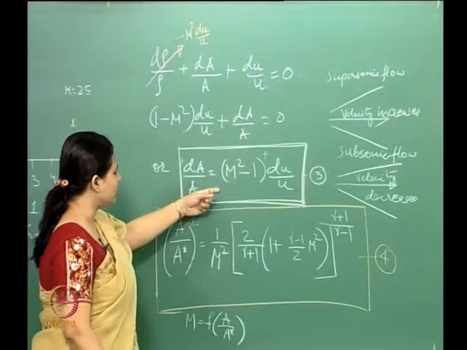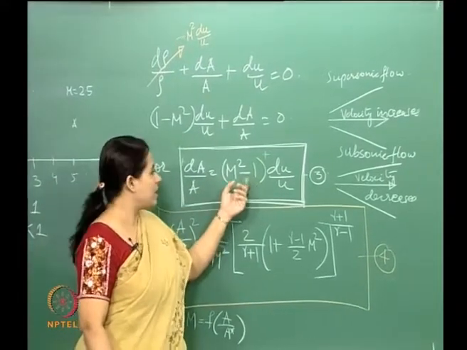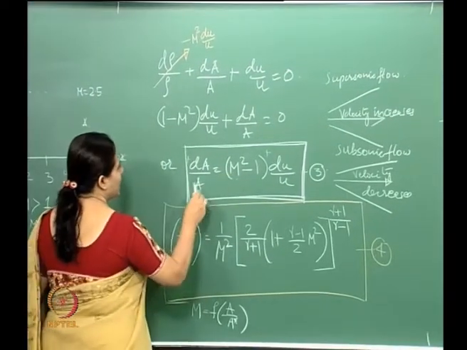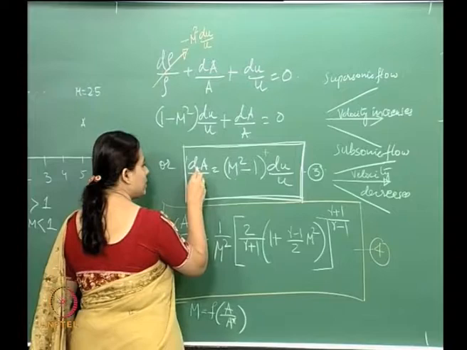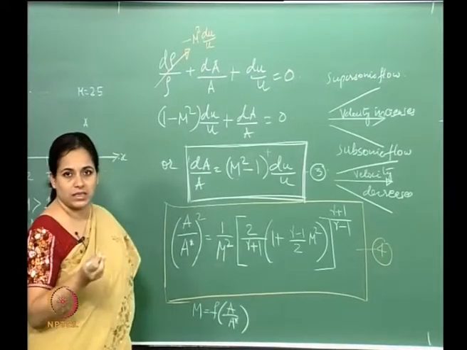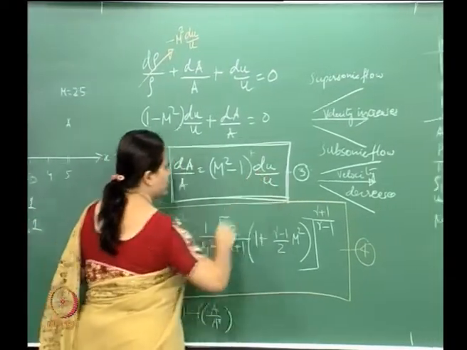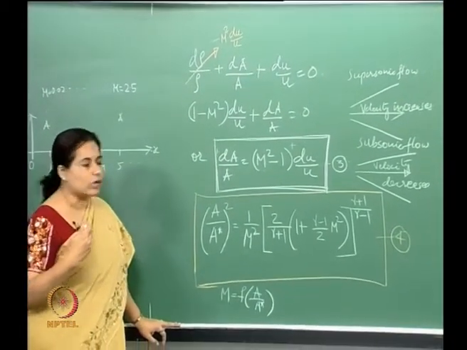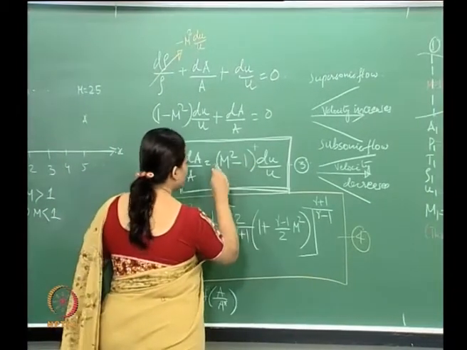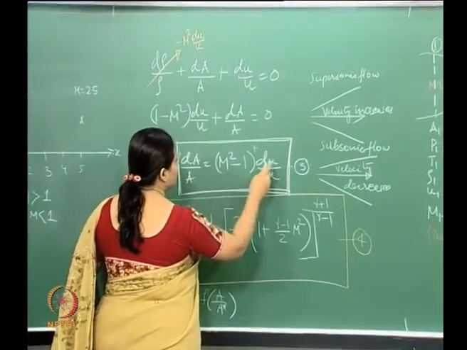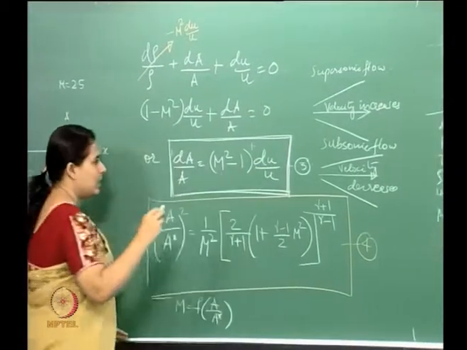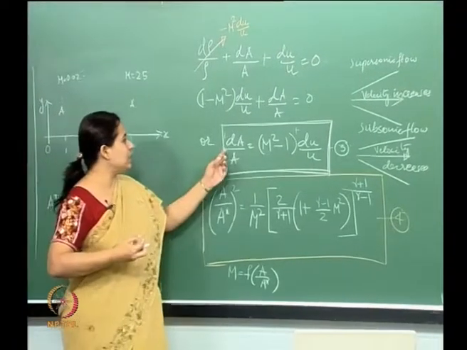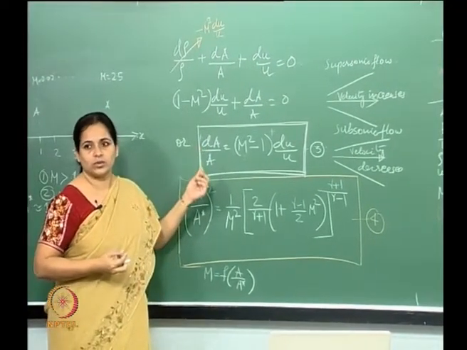Now, let us come back to the equation. If this is subsonic, that will make this negative. So for a positive change in area, a plus dA, this becomes a negative du, which means there is a slowing down of the flow. In other words, if I increase the flow velocity du, then dA is negative, which means the area has to decrease.